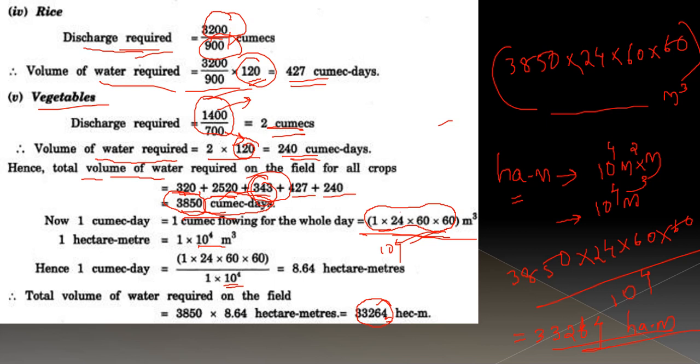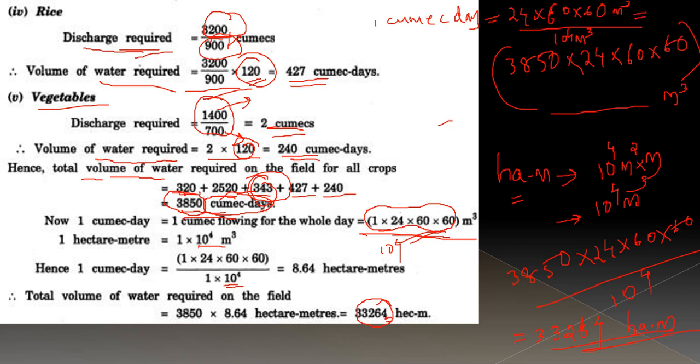That is, here 1 cubic day equal to 24 into 60 into 60 meter cube divided by 1 hectare meter, that's equal to 10 raised to 4 meter cube.